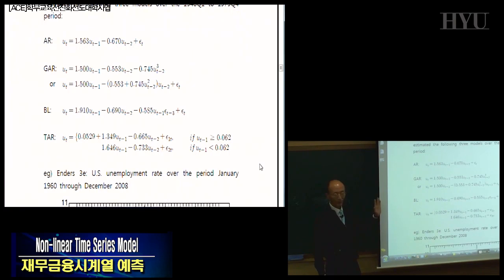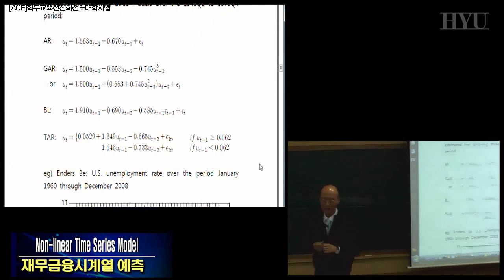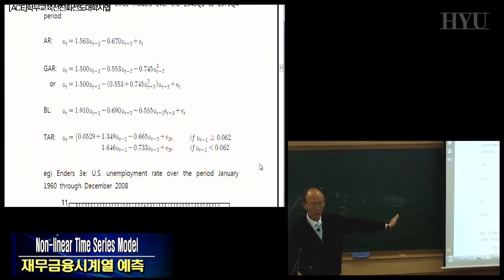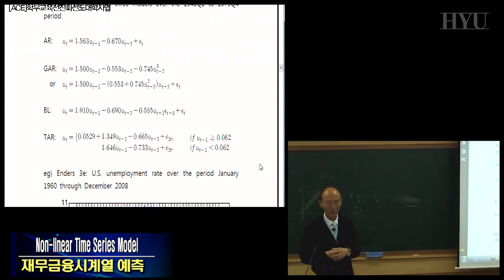If you're actually following this type of process to find the best fitting time nonlinear model, which one appears to be the best fitting model? What kind of information may you need?